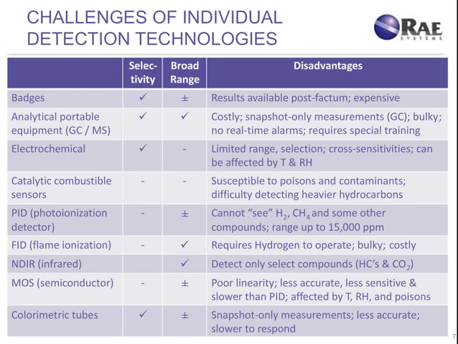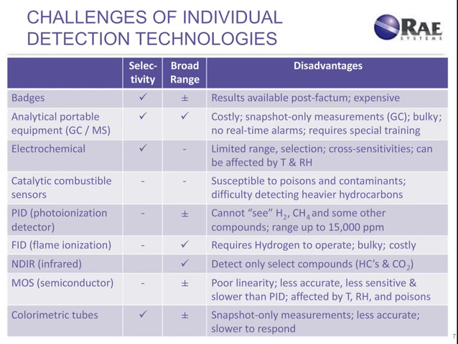So for example, if you look at the badges that people would wear and then send in at the end of the day to the lab for analysis, these badges are highly selective. They actually tell you which gas a person was exposed to.